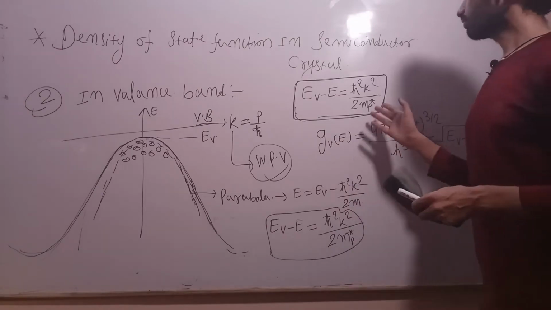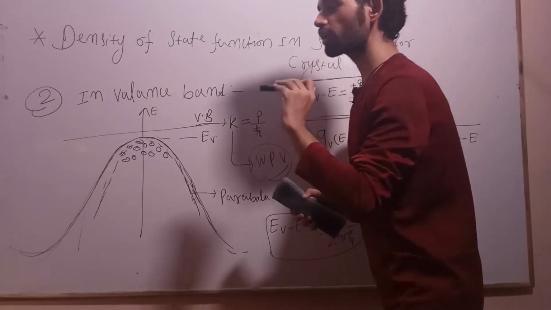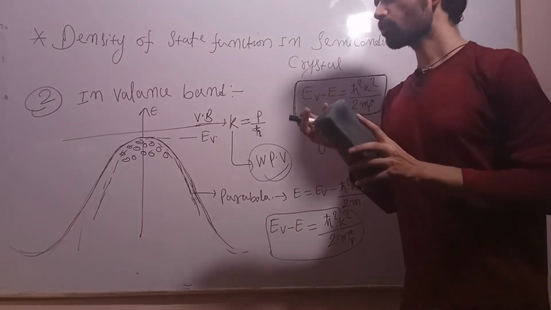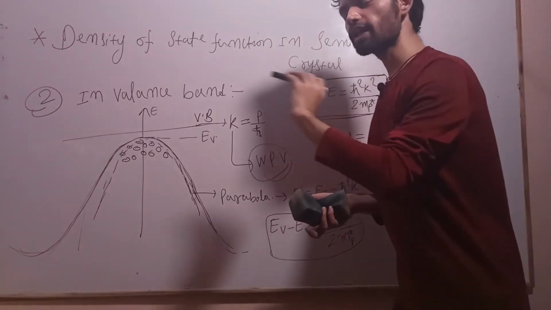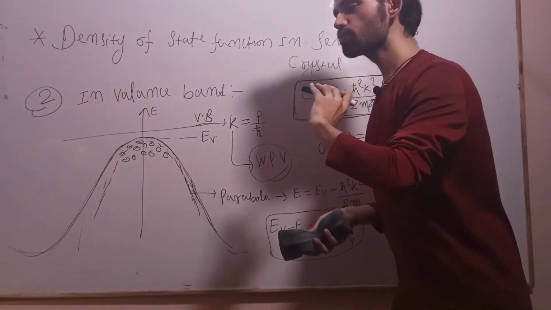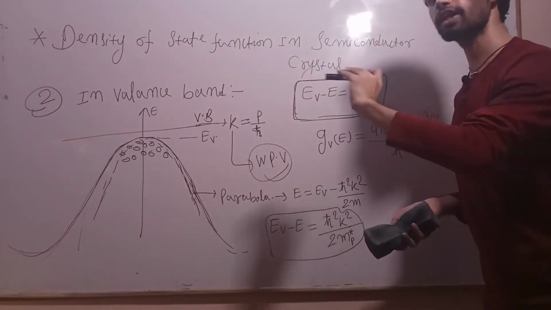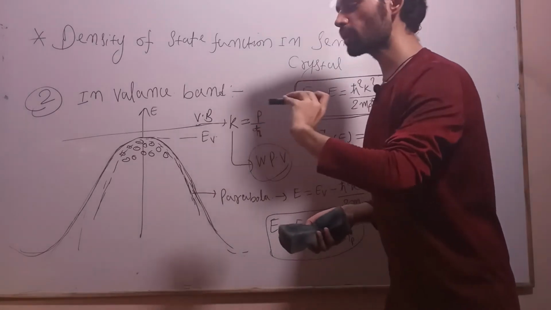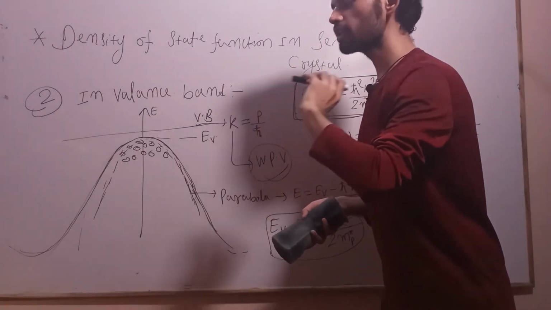Because for current, the charge should be in motion, since current is nothing but the flow of charge carriers. The charge should move inside the crystal, which gives rise to current. But the movement of this particle is different.